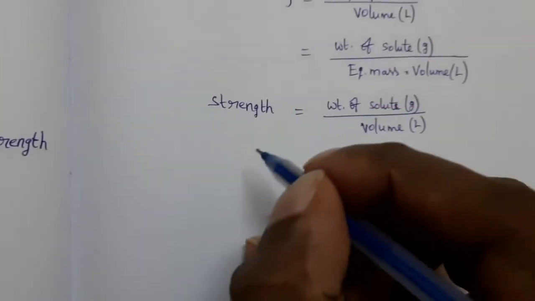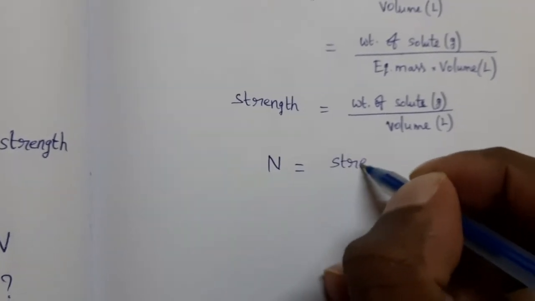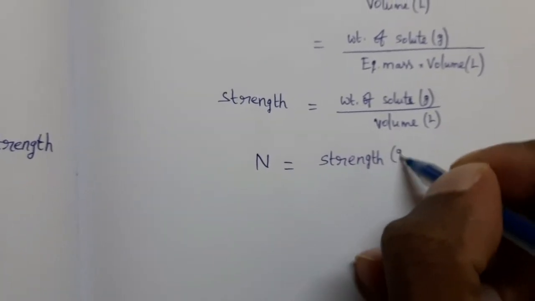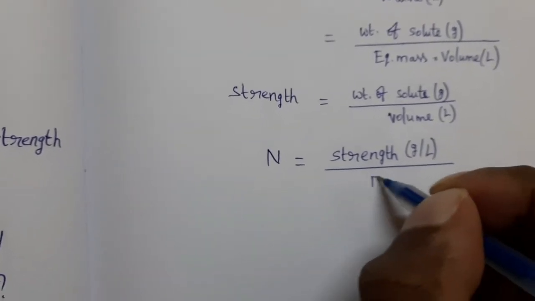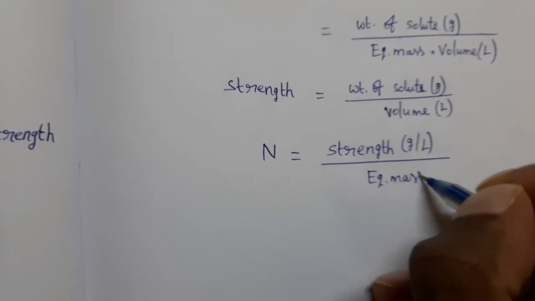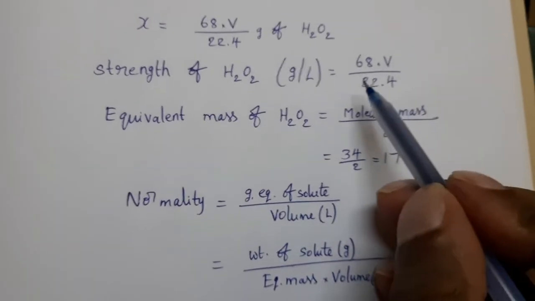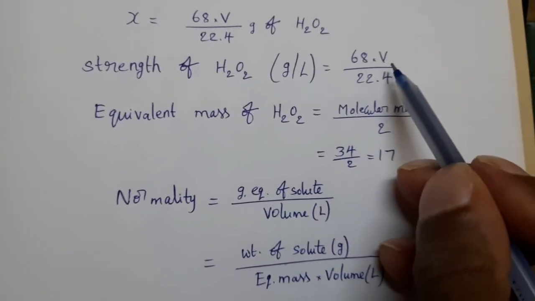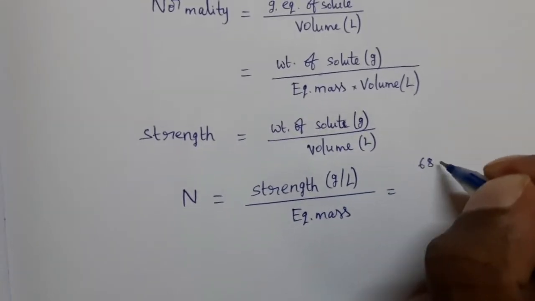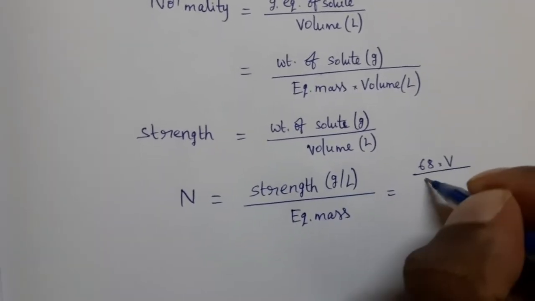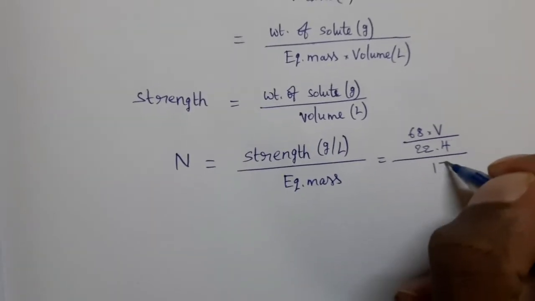So we can write normality capital N equal to strength, gram per liter, divided by equivalent mass. Now strength, how much in this case? This one, 68 into V divided by 22.4.